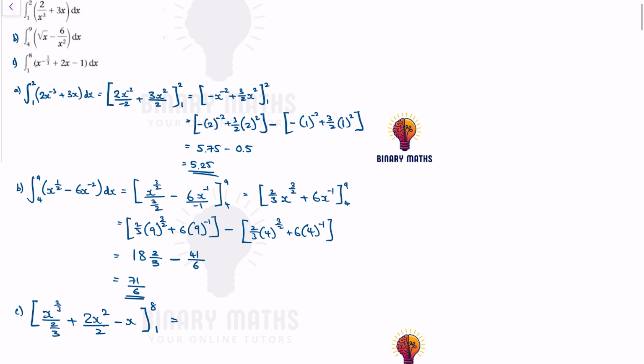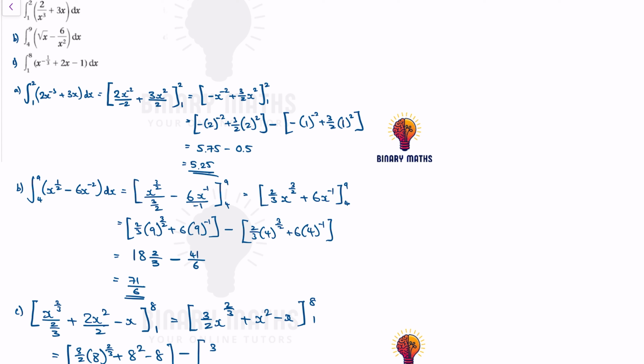If I simplify this, I get 3 over 2 x to the power of 2 over 3 plus x squared minus x between 8 and 1. So first I substitute 8 in. So 3 over 2 times 8 to the power of 2 over 3 plus 8 squared, take away 8.